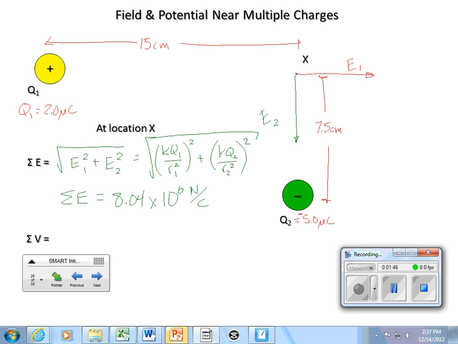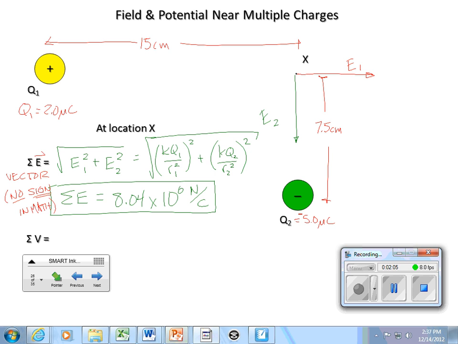Now, I didn't do my substitution, but here, electric field vector, no sign in the math.